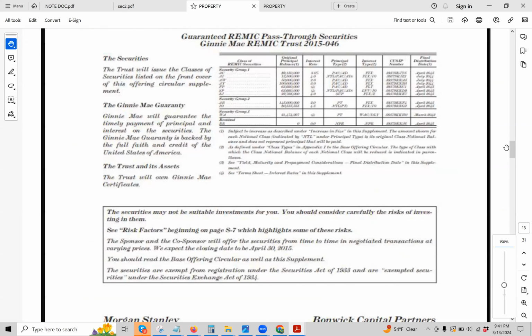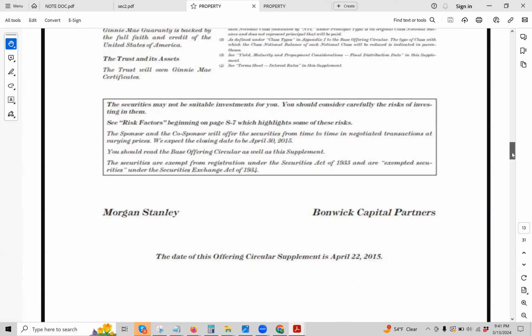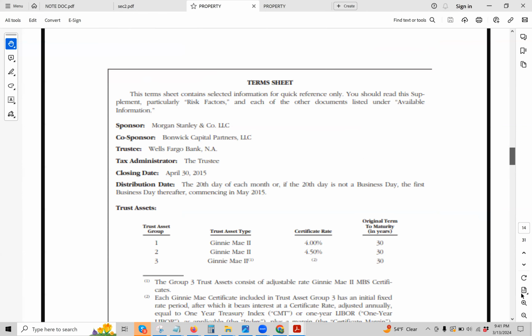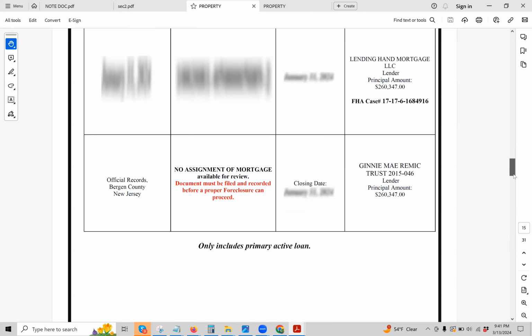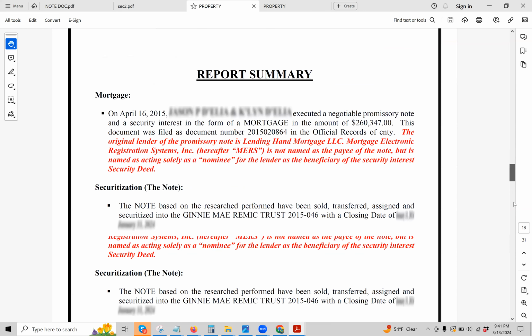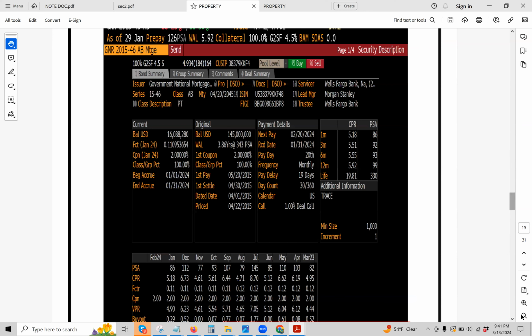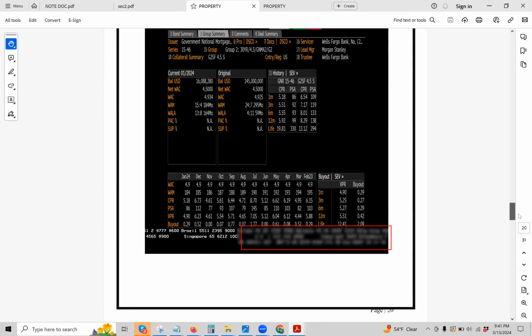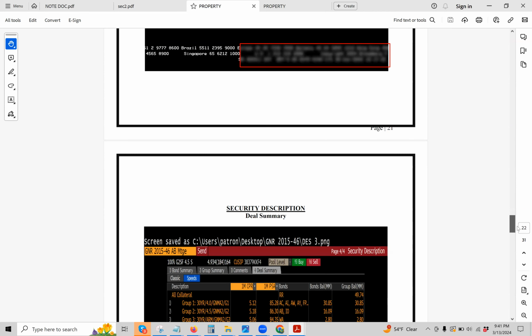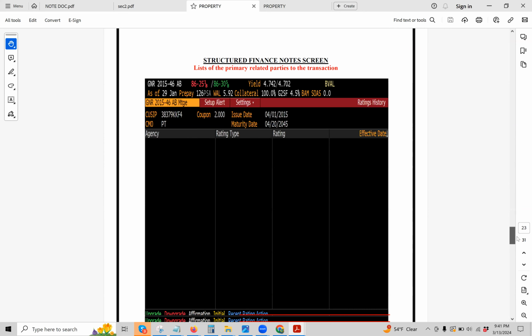That's just from my experience, what I've seen from my database research days. And that, in a nutshell, is basically the securitization process. Again, these are the screenshots, and there's an example module you can look at that explains this more in depth.